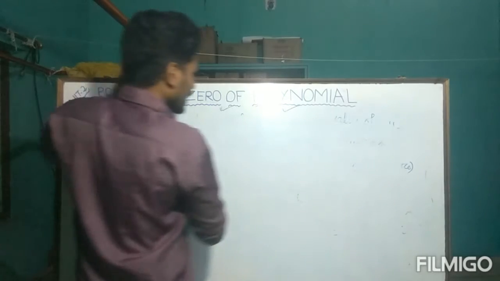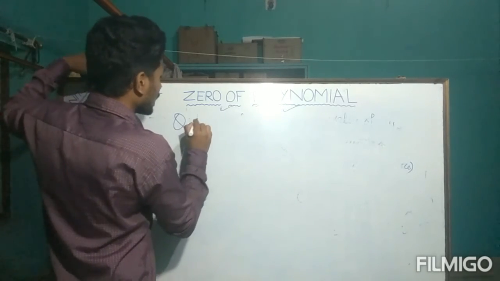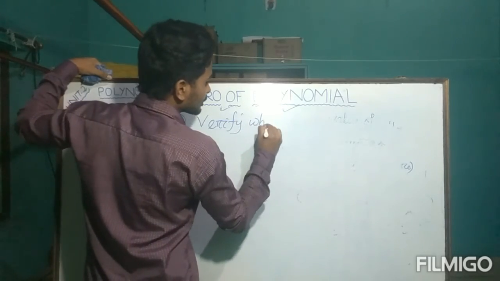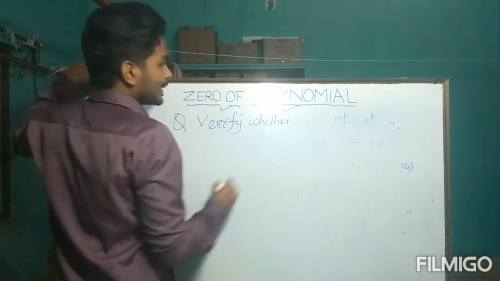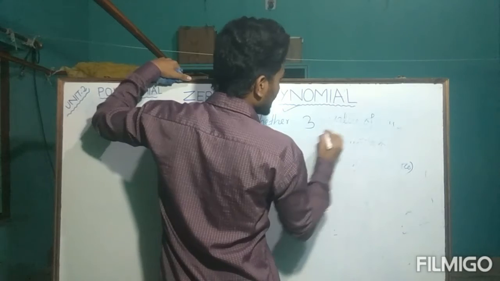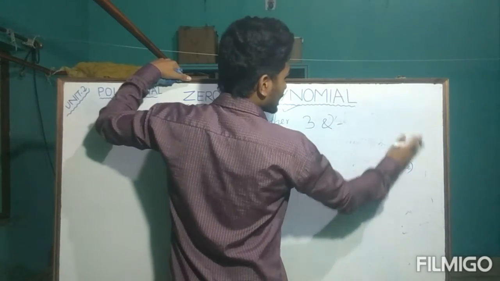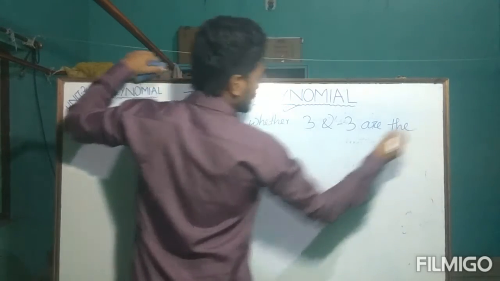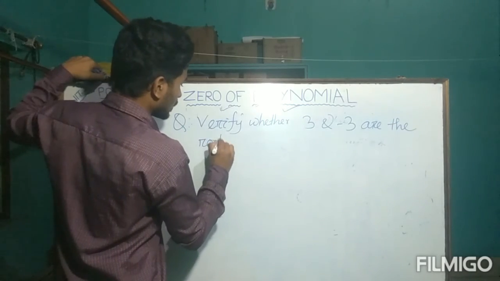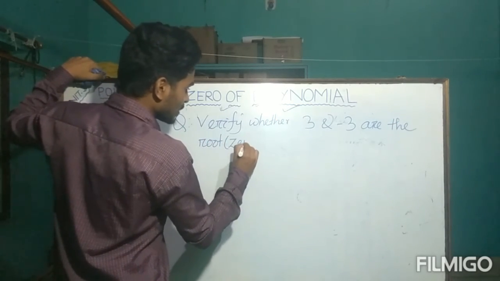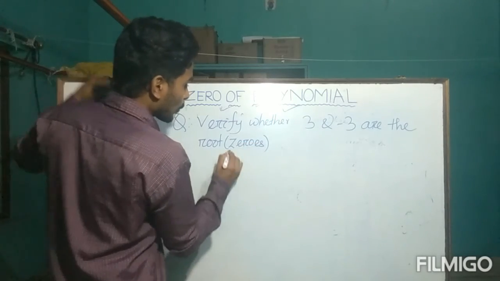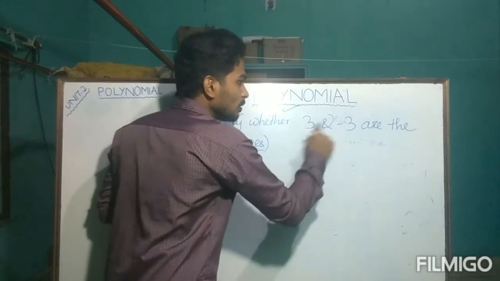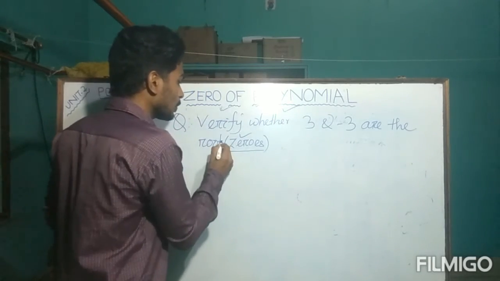Now if we have a question: verify whether 3 and minus 3 are the roots. Root means 0. You can say it 0. Are the zeros. Why am I writing zeros? Zeros means the plural form of 0. Here we are writing 2 roots, so I am writing zeros.